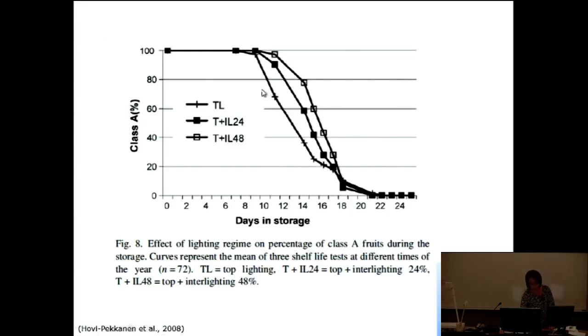You can see that the addition of interlighting improved the shelf life, most likely because the lighting increased the chlorophyll of the cucumber fruit, and maybe improved the cuticular layer of the fruit. Therefore, the fruit doesn't lose much water and the storage quality improves. So that is one advantage they found.